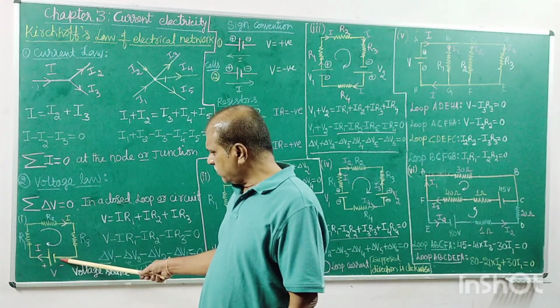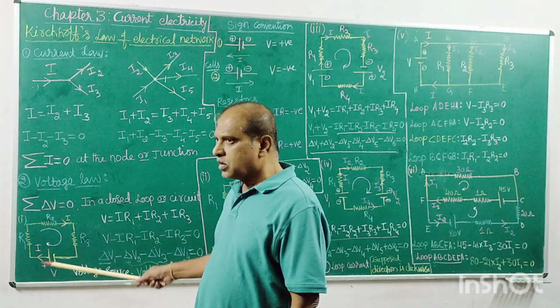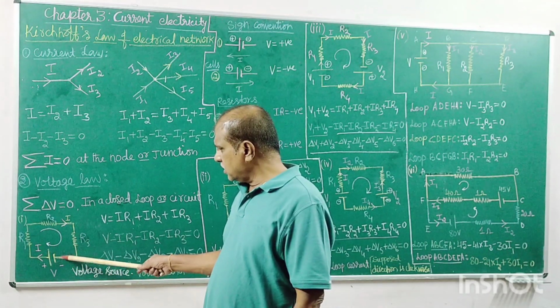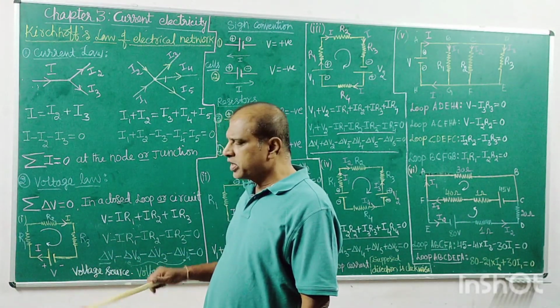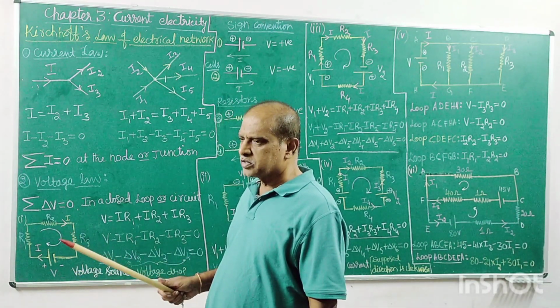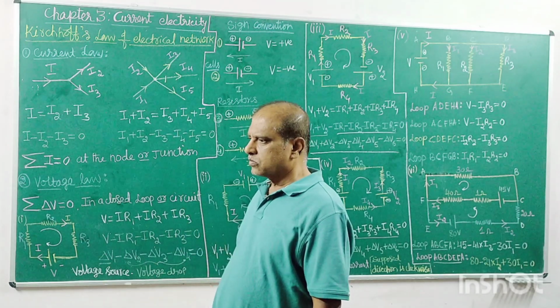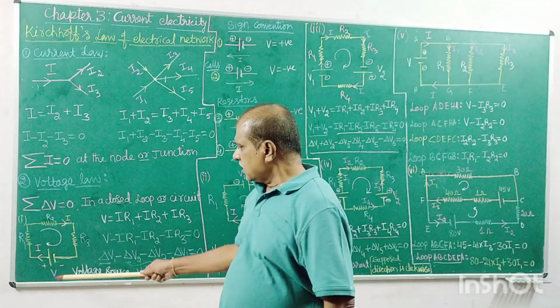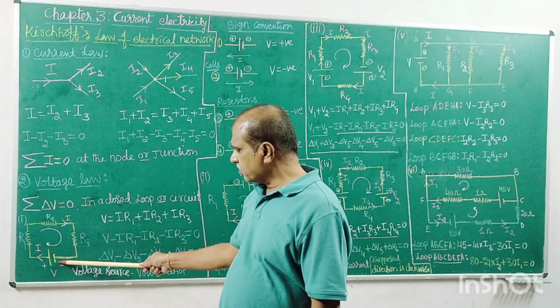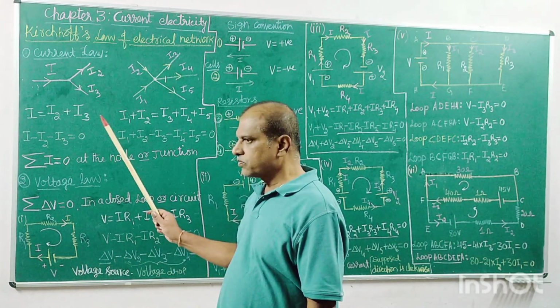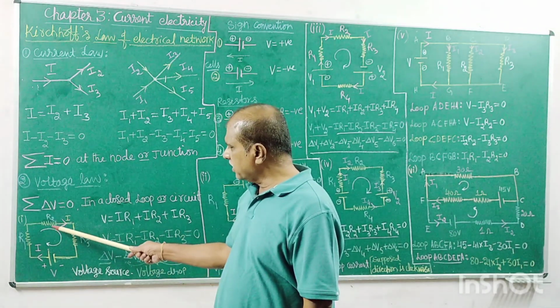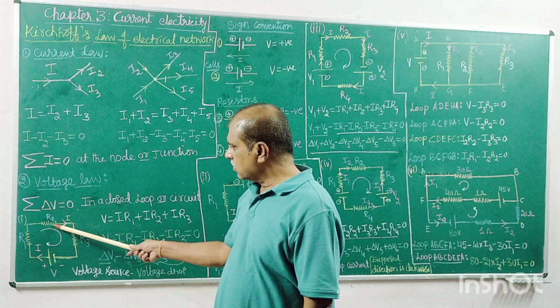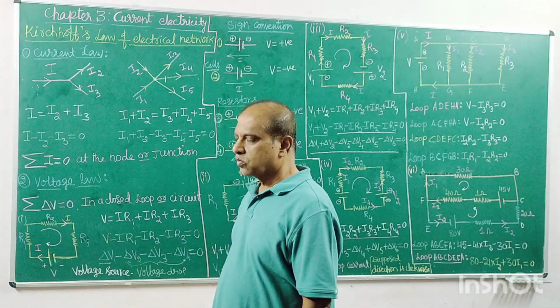Here there are a number of elements. In some elements voltage rises, in some elements voltage drops. Which elements have voltage rise? Cells and batteries have voltage rise, and elements like this resistor have voltage drop.